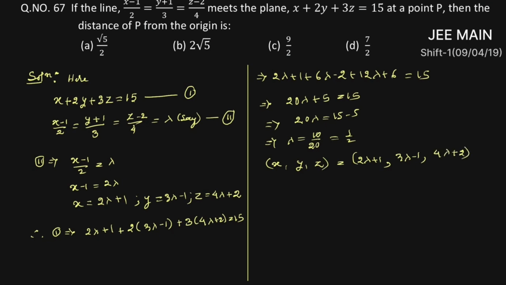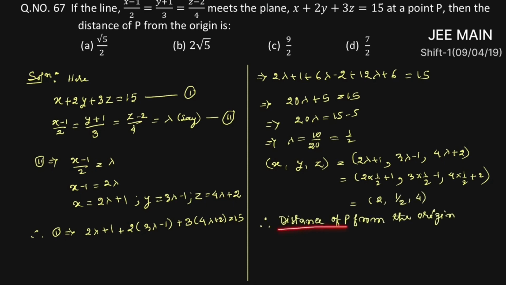If you put the value of lambda, then we will get 2 into 1 by 2 plus 1, 3 into 1 by 2 minus 1, and 4 into 1 by 2 plus 2, which we will get as (2, 1 by 2, and 4).